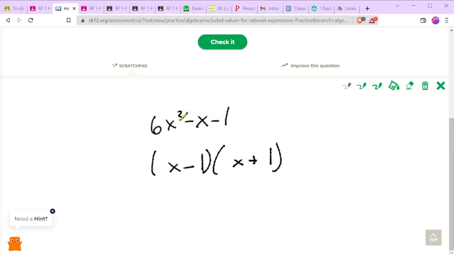Our cross term here has to be a -1, which means this negative has to multiply a coefficient of x that is 1 greater than the other coefficient of x that multiplies the positive 1. So that has to be a 3 and that has to be a 2. If we had it the other way around, we'd have a positive x in the middle. And if we had our factors as 1 and 6, then we wouldn't just have a negative x in the middle, it would be plus or minus 5.